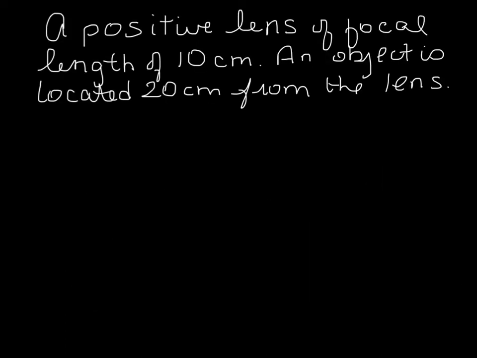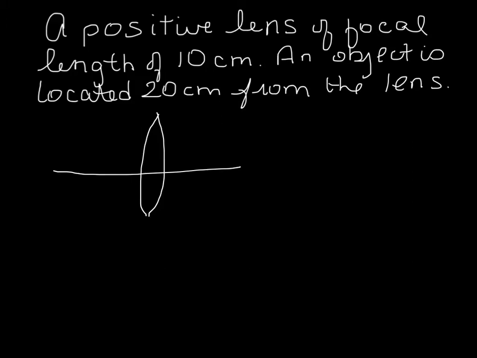So we have a positive lens with a focal length of 10 centimeters. An object is located 20 centimeters from the lens. So what do we know? We know we have a lens that has a focal length of 10 centimeters. It's a positive focal length, so that means it is a convex lens.